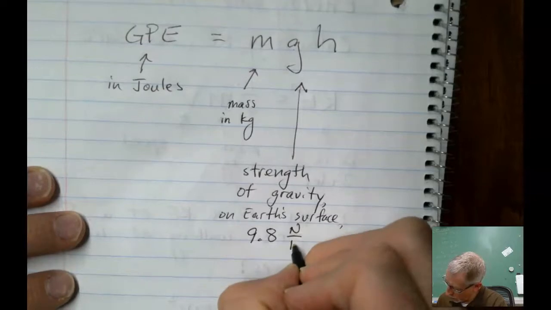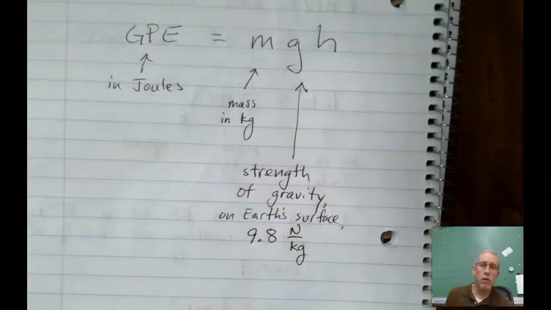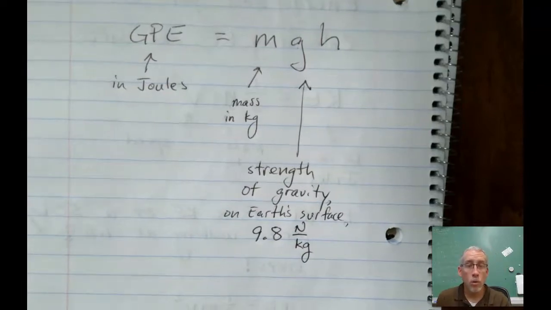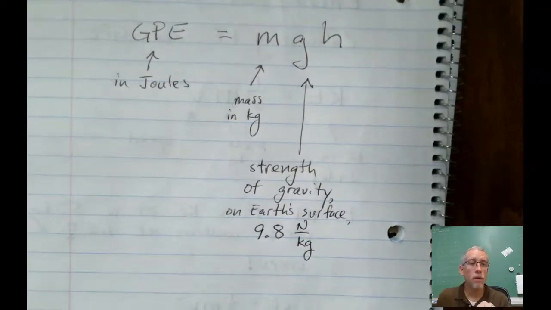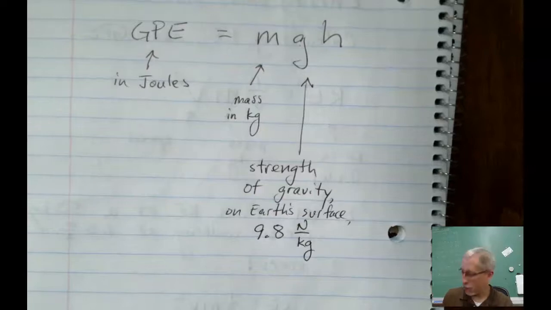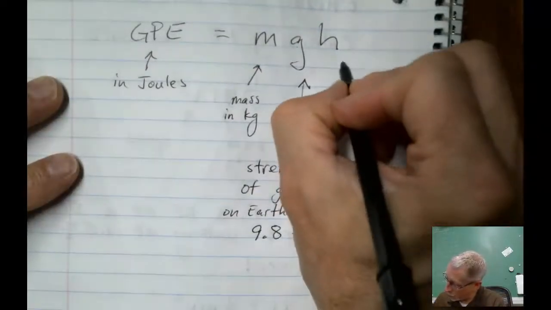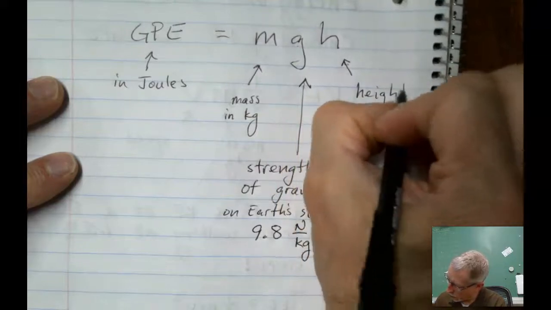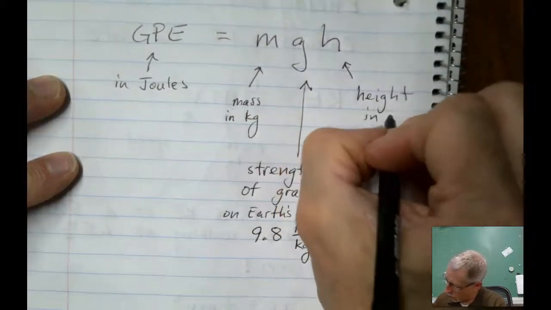That's the number. And then I like to use these units, newtons per kilogram. Newtons, you might recall, is our unit for force, and kilogram, of course, is the unit for mass. And H is the height in meters.